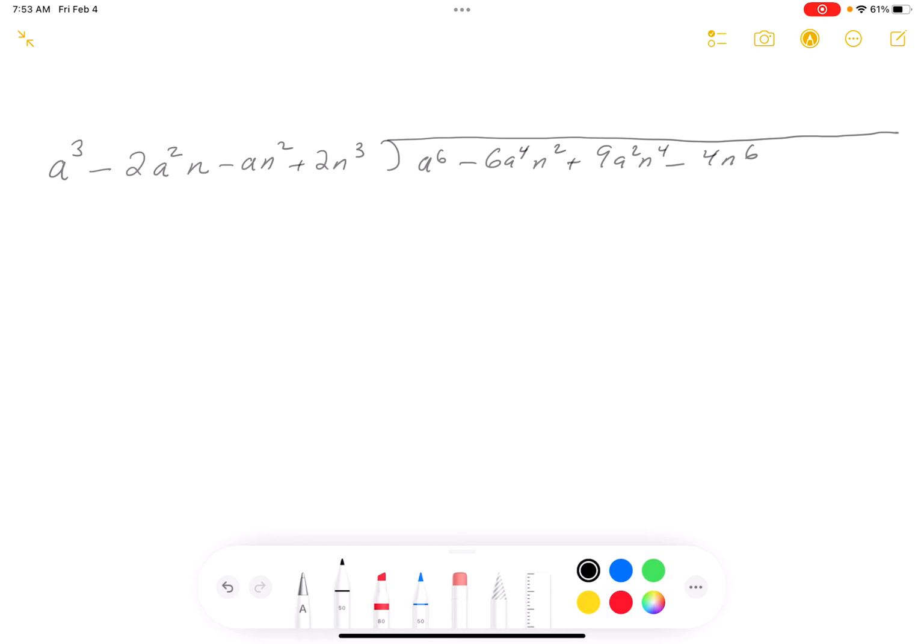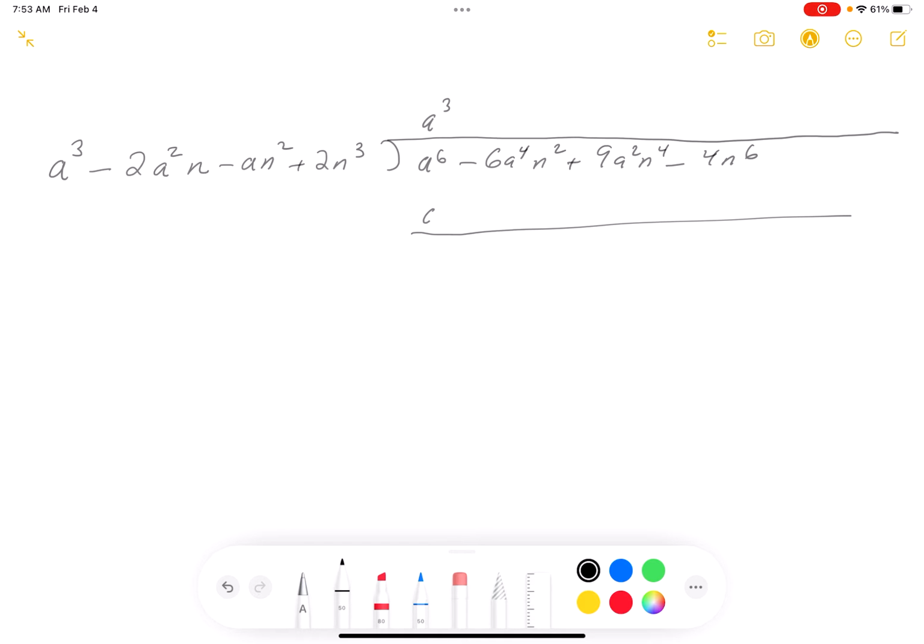So, a cubed minus 2a squared n minus an squared plus 2n cubed, into a^6 minus 6a^4 n squared plus 9a squared n^4 minus 4n^6. Okay, matching game starts. A cubed, and I got to write it down.